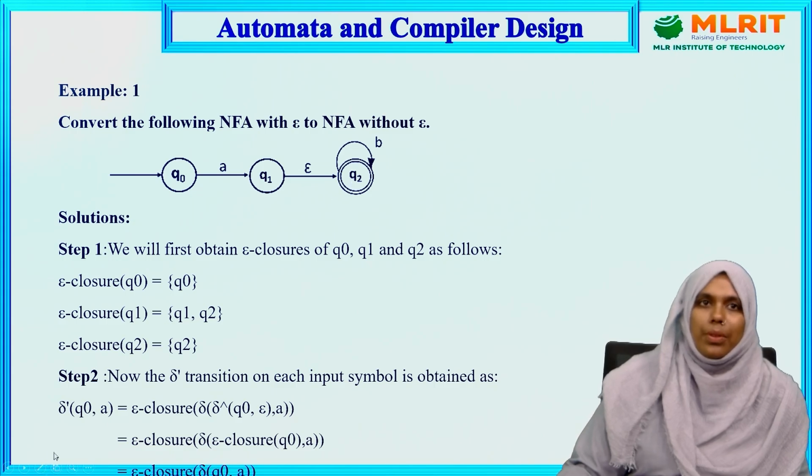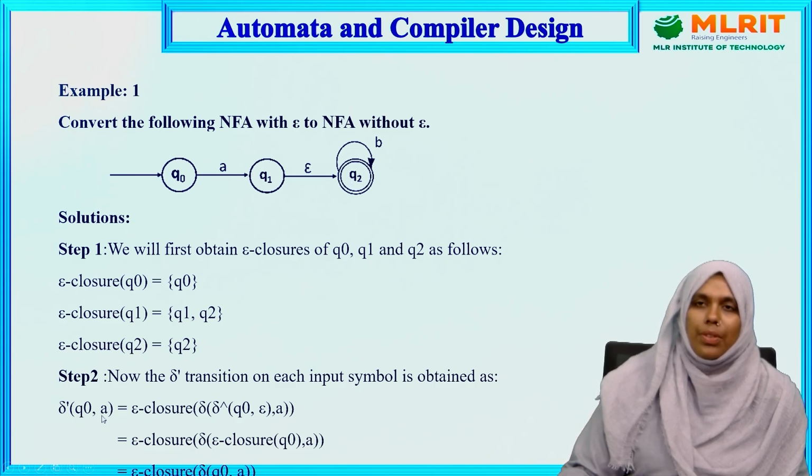We have to write it for transition of Q0 comma A, transition of Q0 comma B, in the same way Q1 of A, Q1 of B, and Q2 of A, Q2 of B. We have the input symbols. Now we start from the initial state, Q0.